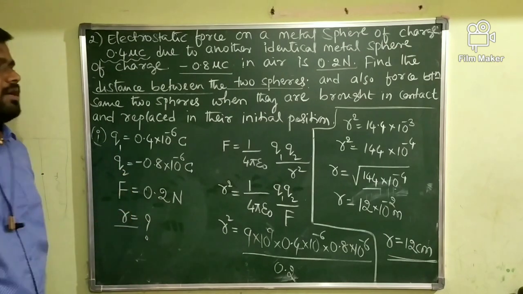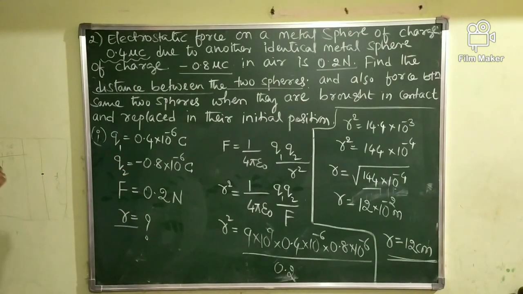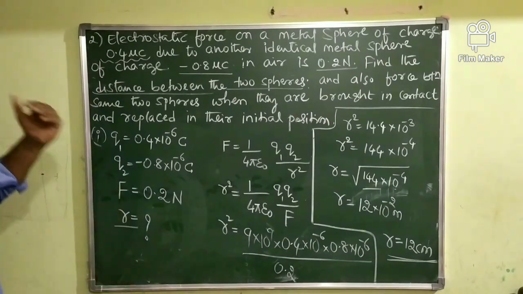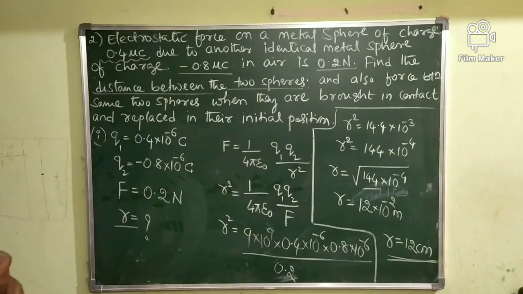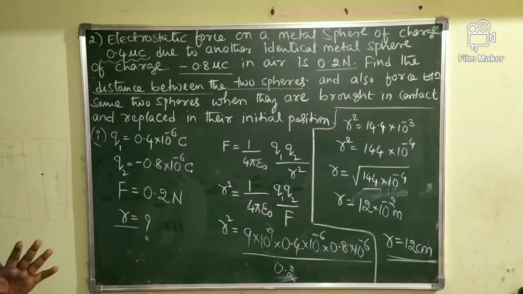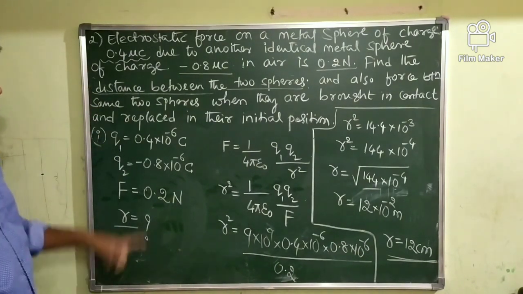So this is the first part of your numerical. 0.4 microcoulomb charge, 0.8 microcoulomb charge. In between them, the electrostatic force is how much? 0.2 Newton. Find the distance between the two spheres. That is the first part of the example.